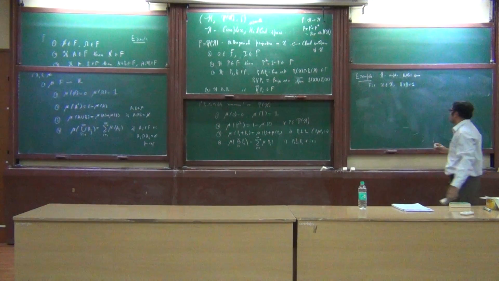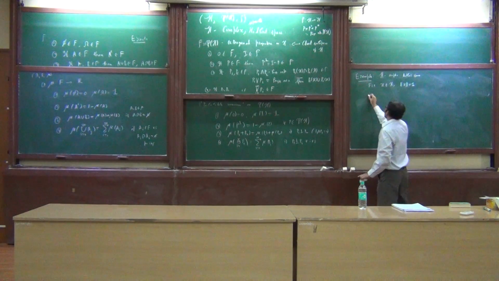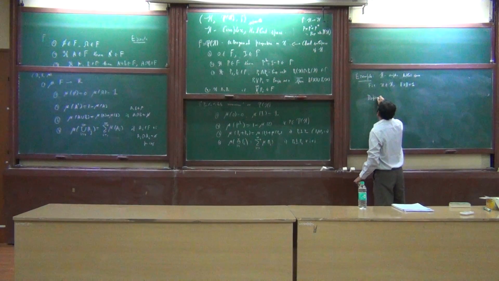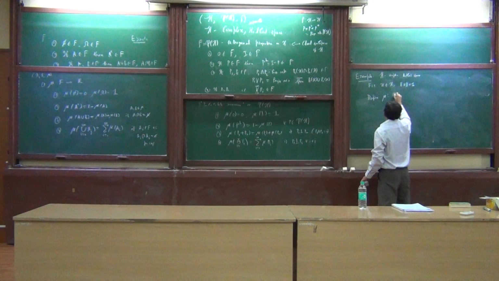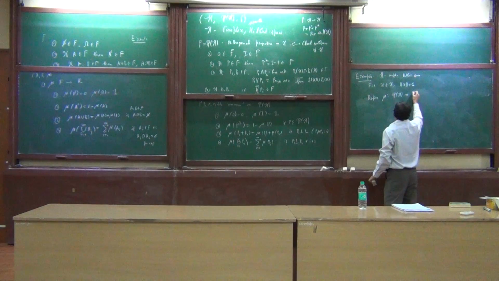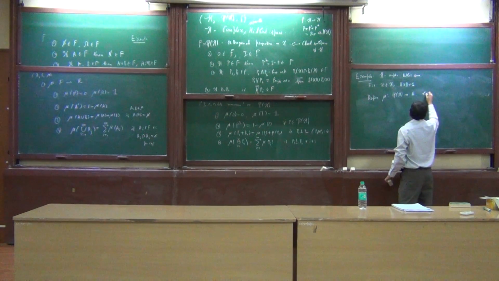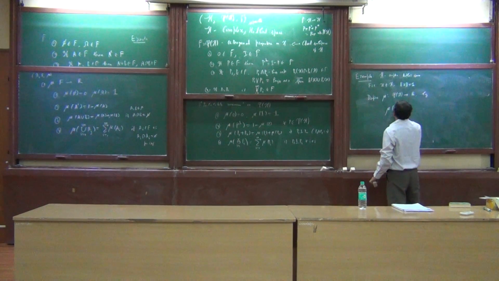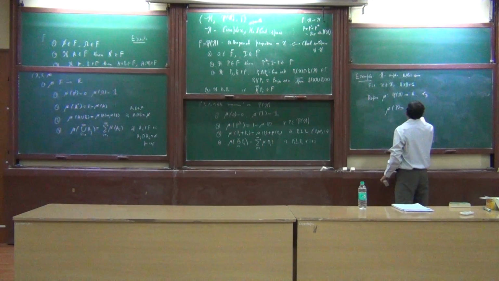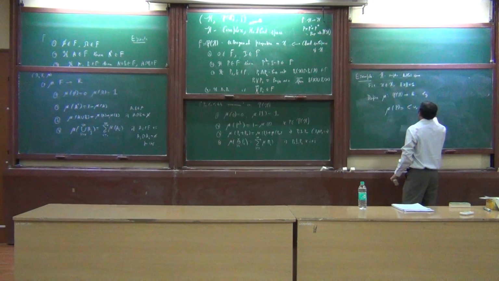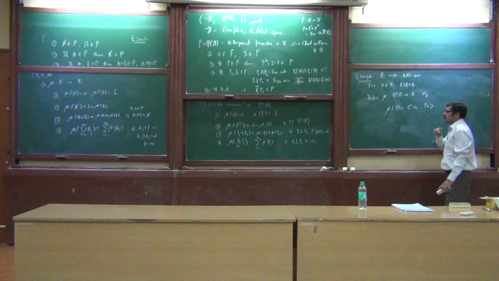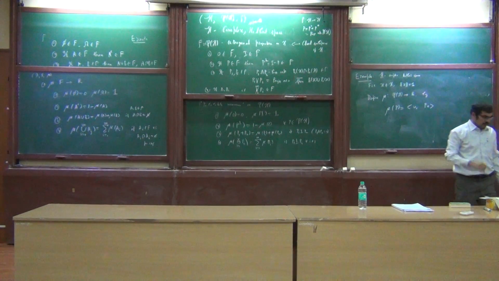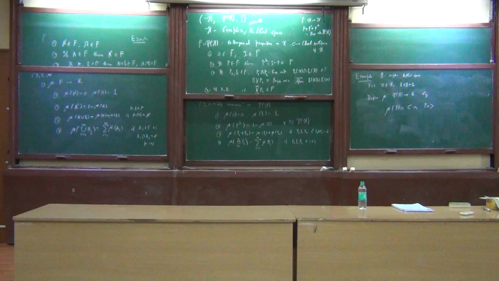Define mu on the projections by mu of P equals P of u, inner product with u. Mu of P is defined as this.